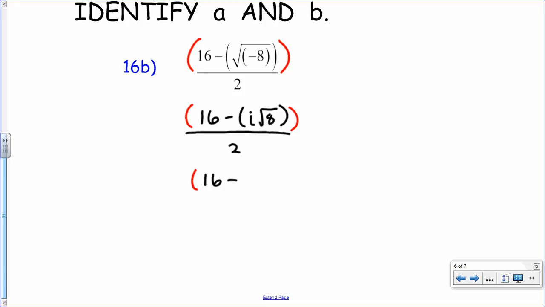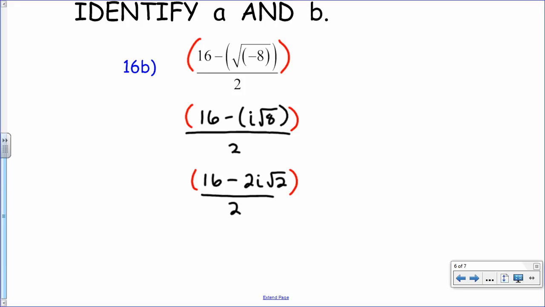So 2i square root of 2. Now I see that I can factor out a 2. You can jump right from negative 8 to 2i square root of 2. That's fine. I see now I can factor out a 2.